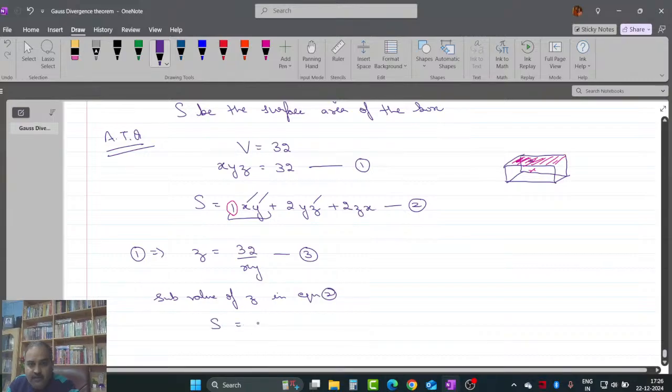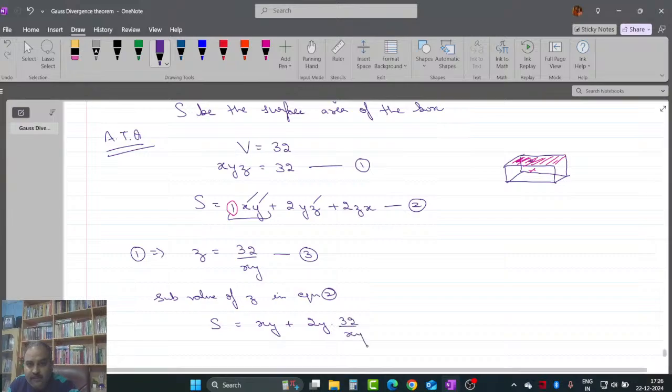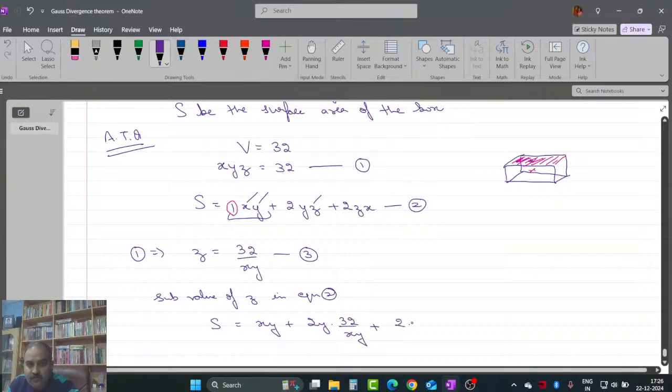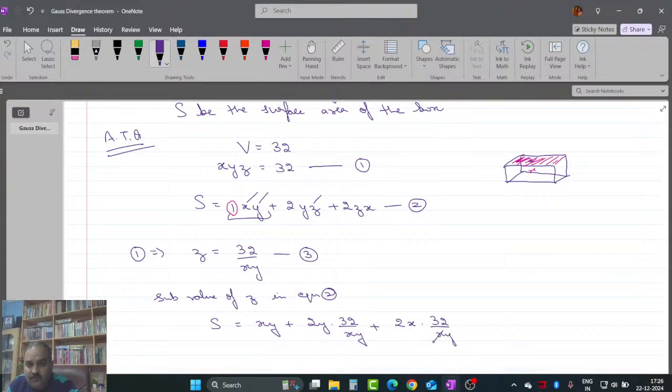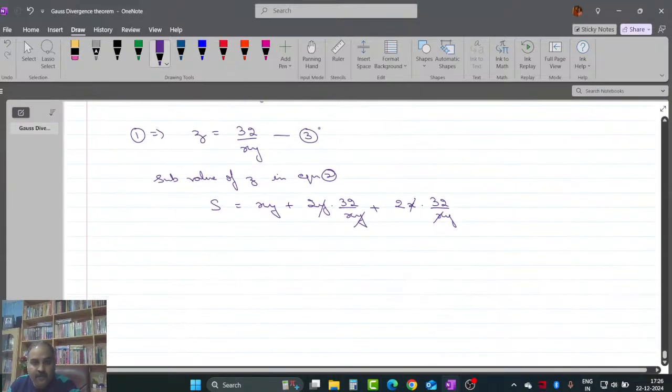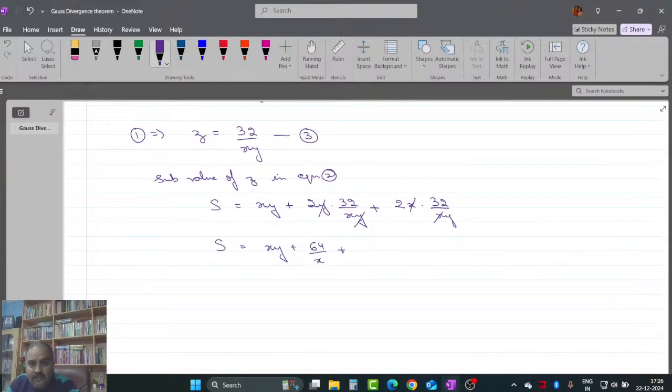So surface area will be x into y plus 2 times y into z, that is 32 over xy, plus 2 into x into 32 over xy. So x and x cancel, y and y cancel out. So that means this surface area is equal to xy plus 64 over x plus 64 over y. Now this is my main equation, that is equation number 4.